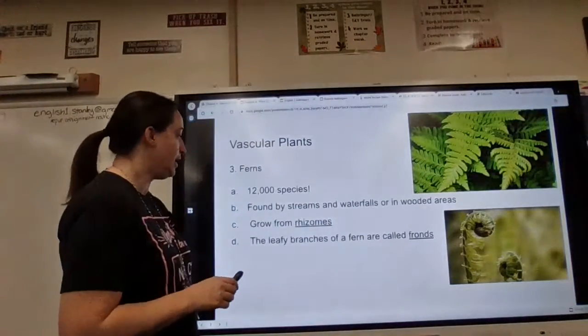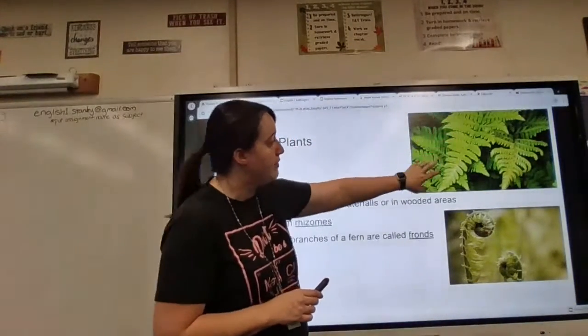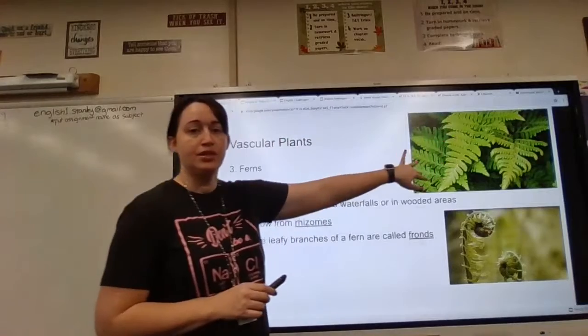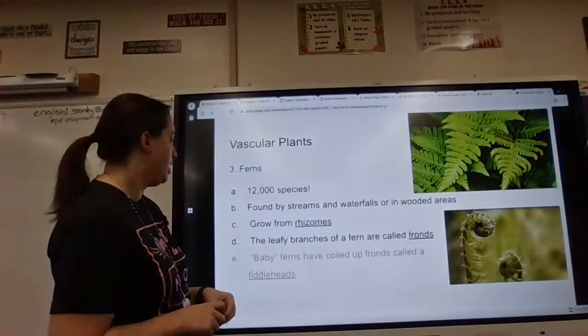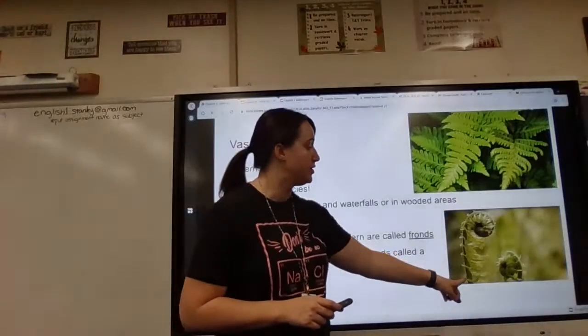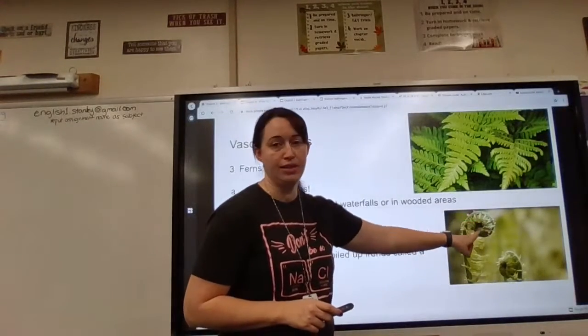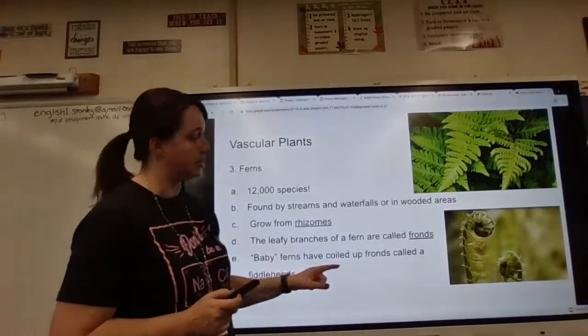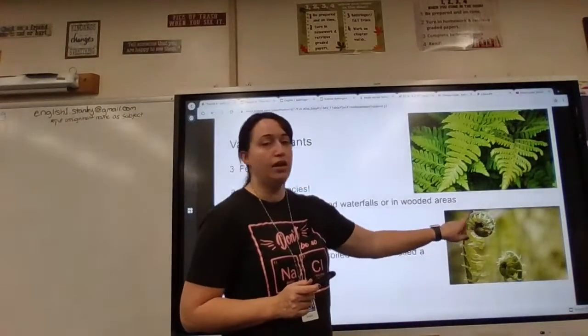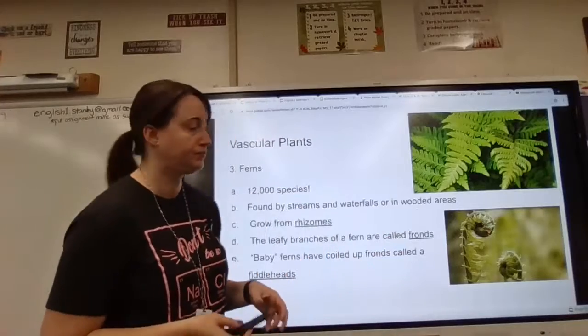Now, these very leafy branches, those are called fronds on a fern. And baby ferns are coiled up like this before they are fully grown. They're called a fiddlehead because it looks like the end of a fiddle or a violin.